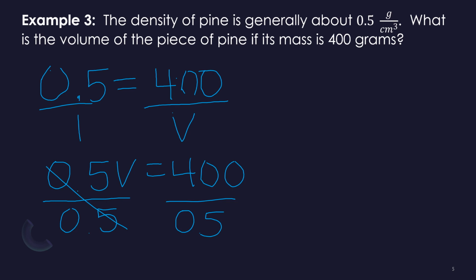And 400 divided by 0.5 is 800, and we just need to make sure that we put the correct unit on here. Since it's volume, we can look in the original density and see that the volume was measured in cubic centimeters. It's very common to use cubic centimeters, although it doesn't have to be.